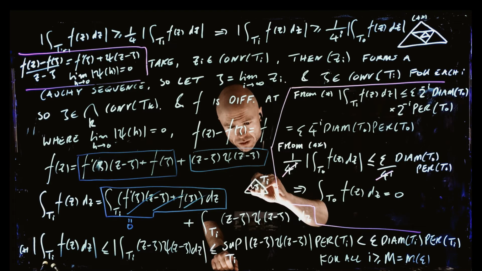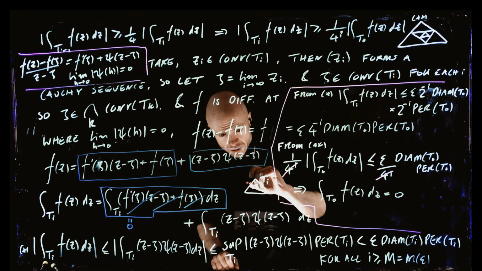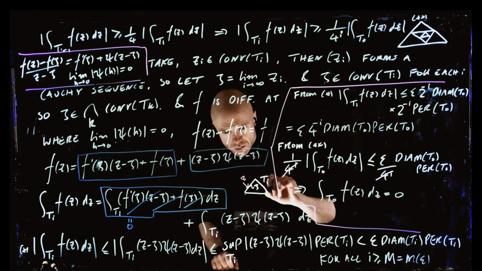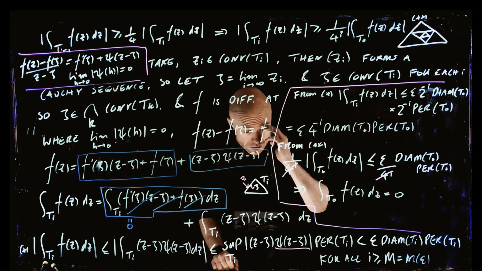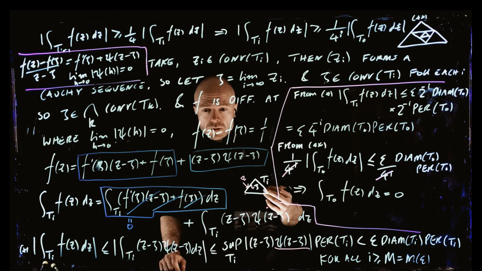We're taking z on this triangle, this is where z is, and it's very close to zeta. As i increases, this diameter gets smaller and smaller, so this thing right here goes down to 0 depending on i. Does that make sense?